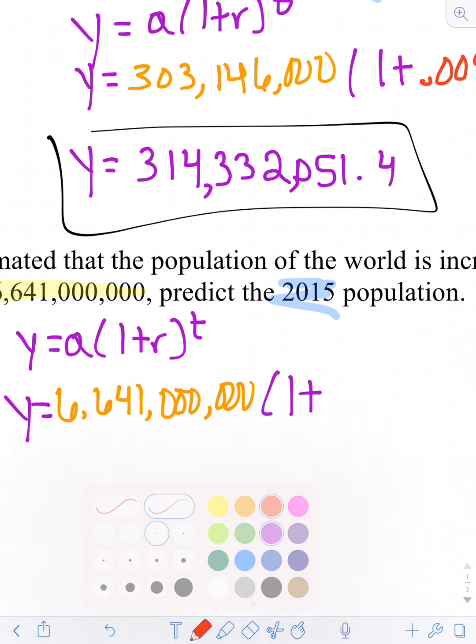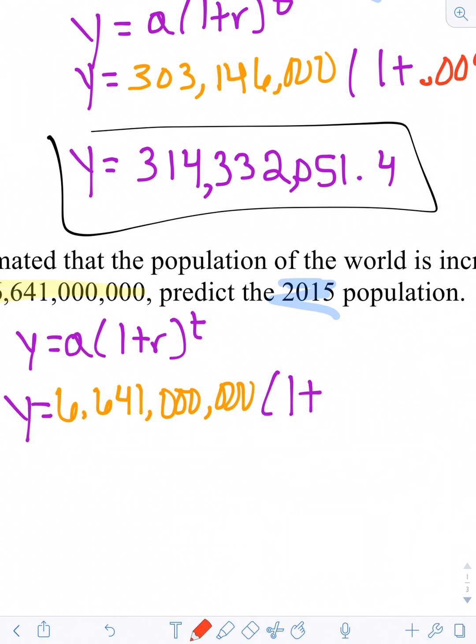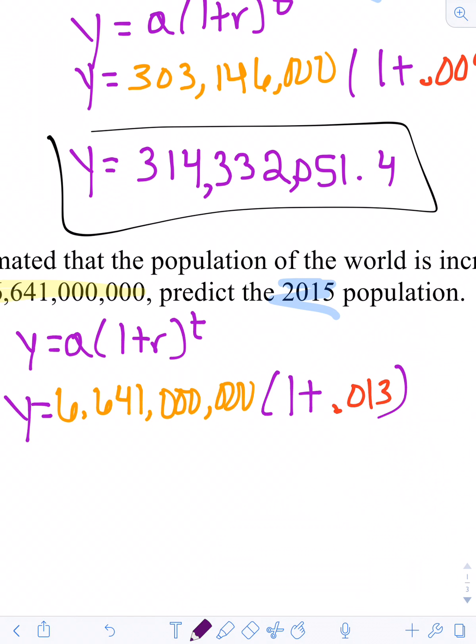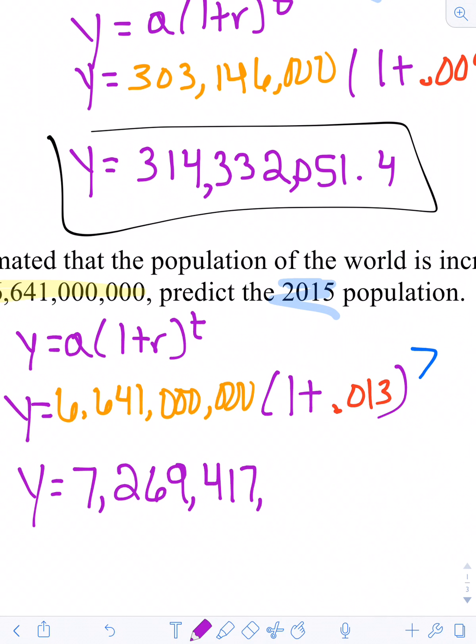My rate was 0.013, and that is going to be to the power of 7. So I'm going to put that in your calculator, and when you hit enter, you'll get close to 7,269,417,259.